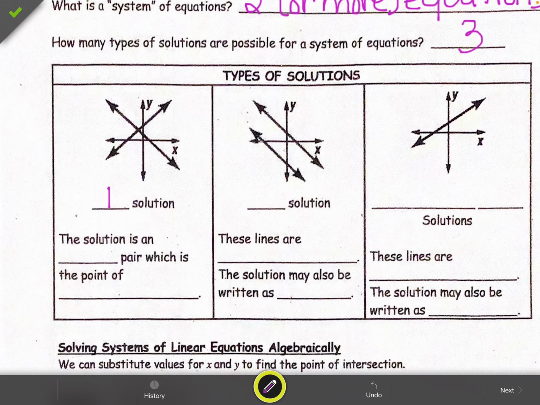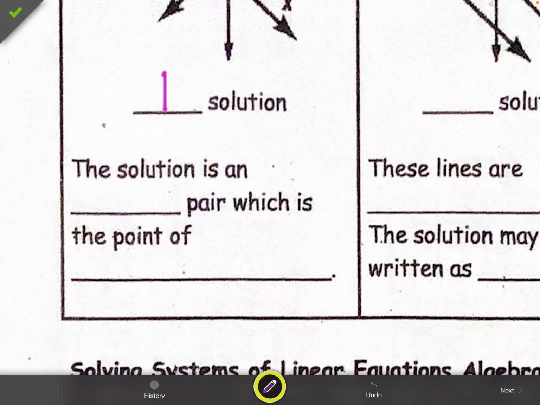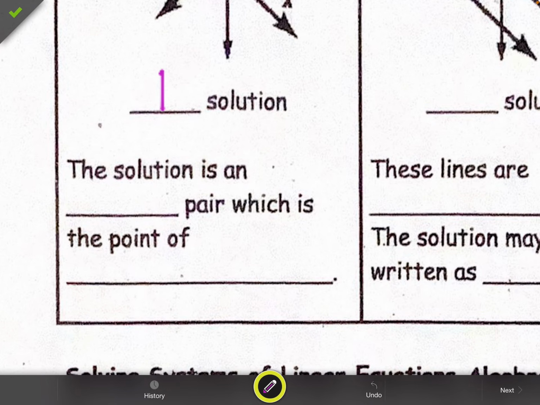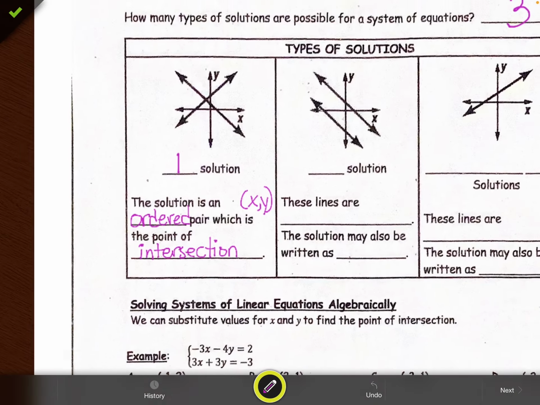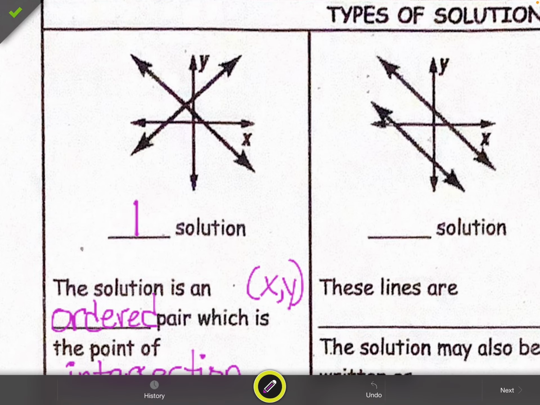And when you come up with one solution, this solution is going to be an ordered pair. Okay, so it's going to be an x and a y value, which is the point of intersection of your two lines that you have graphed. Okay, so one answer will work in both of the equations.